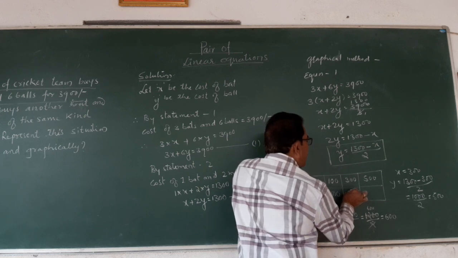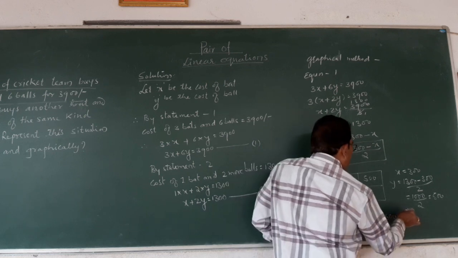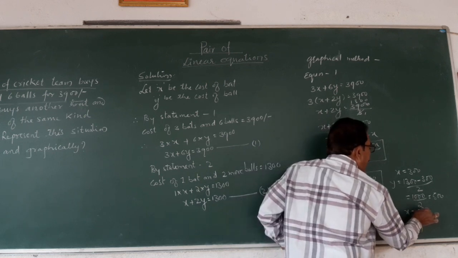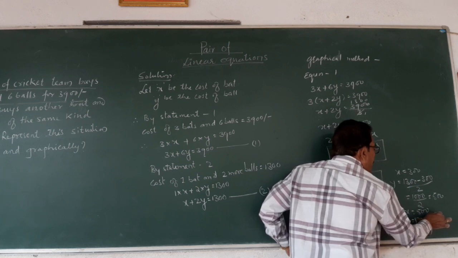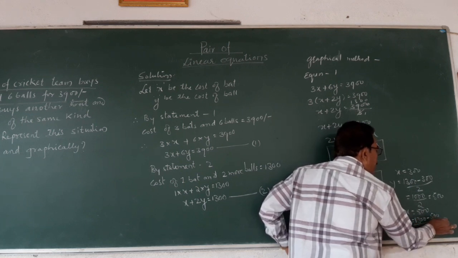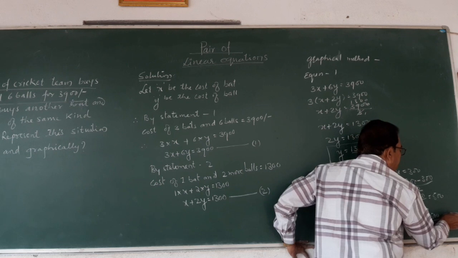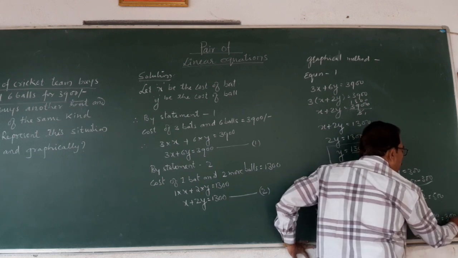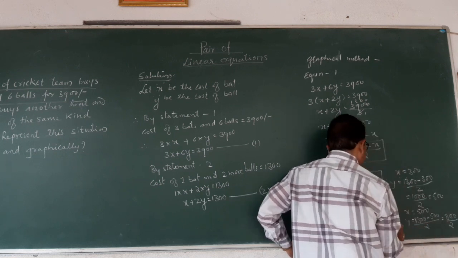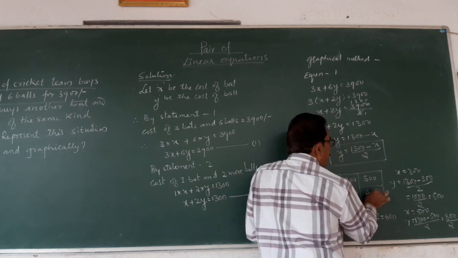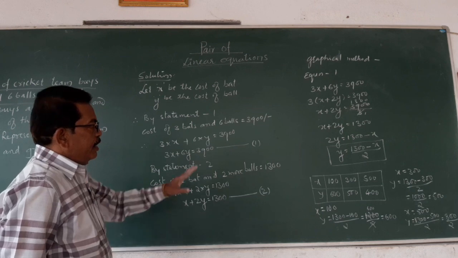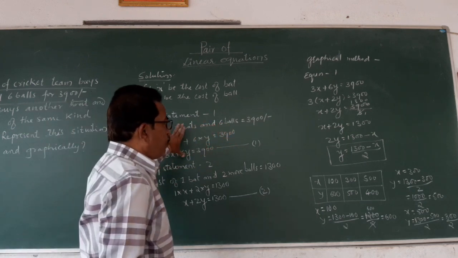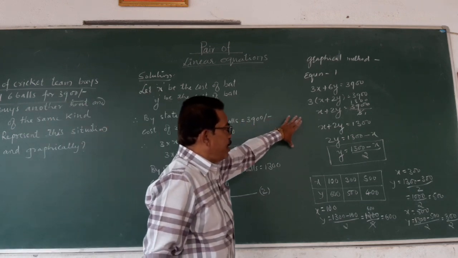Then x equals 500, y equals 1,300 minus 500 divided by 2, that is 800 divided by 2 equals 400. This is the tabulation format of equation number 1. You write this down.